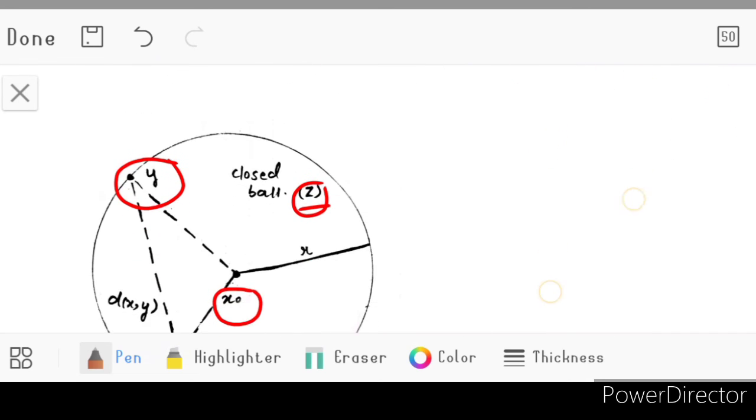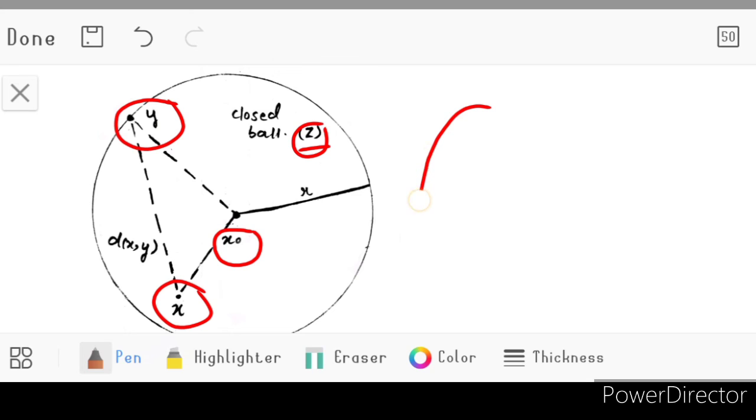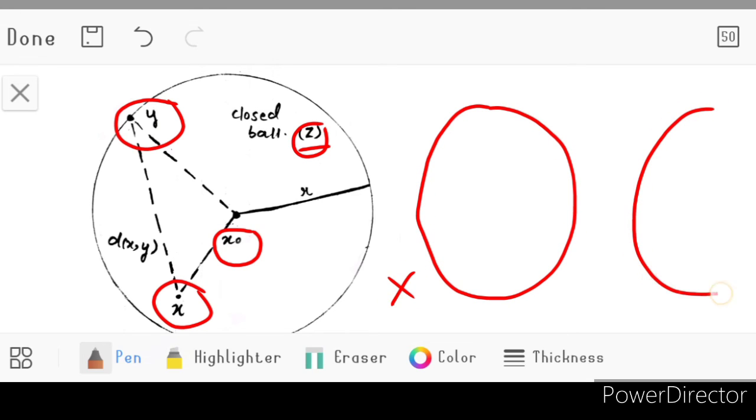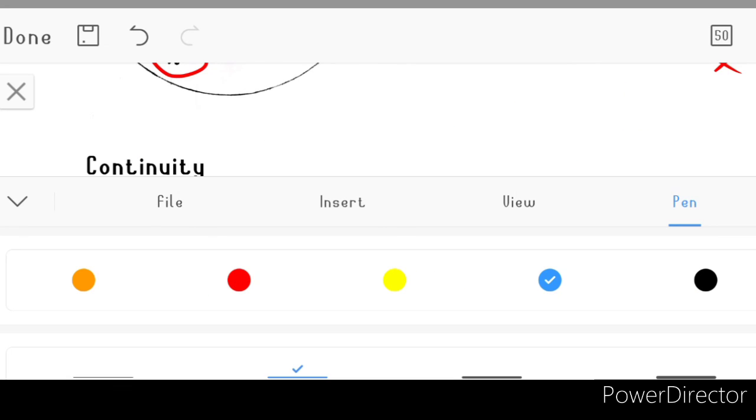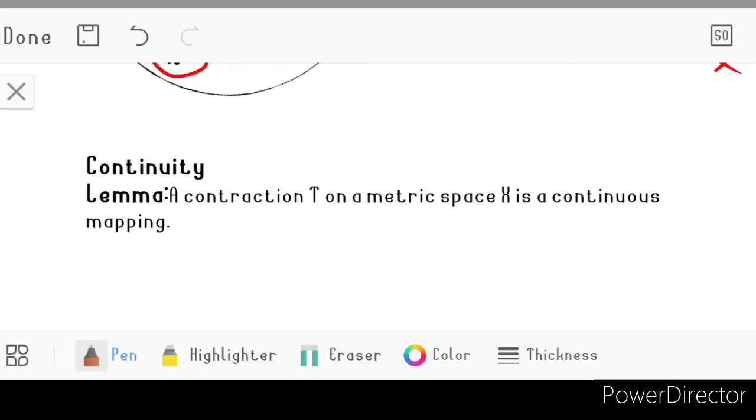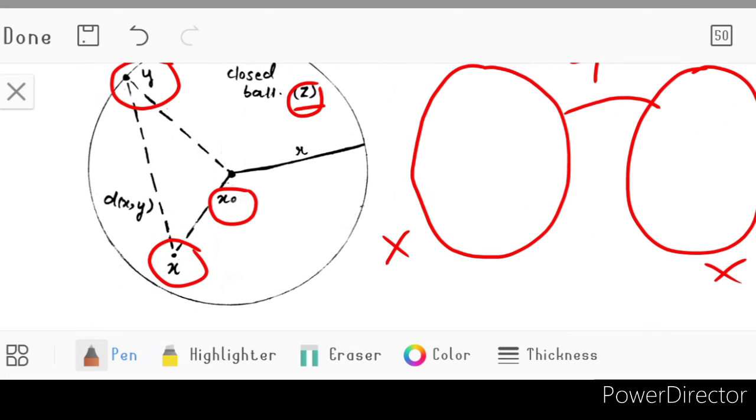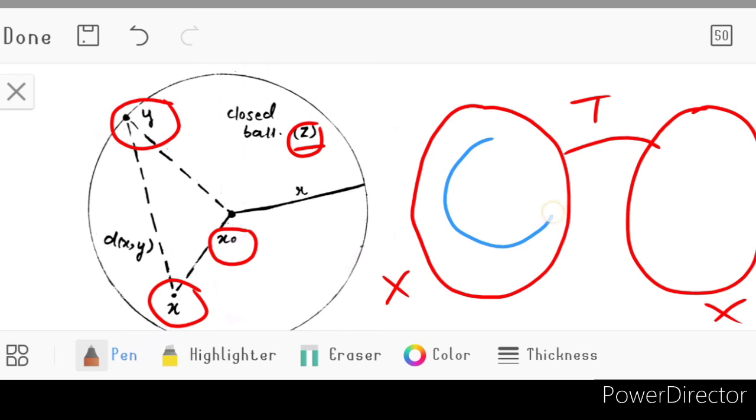It is somewhat like this. This is just to give you the idea. This is your space X and this is your codomain. The contraction is from here to here, and this Z is inside this. Let us say we took two elements x and y from here.